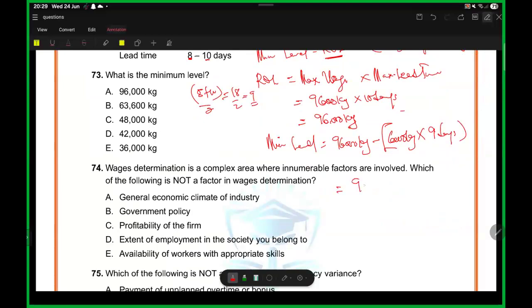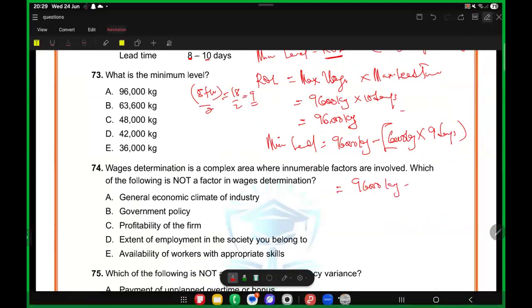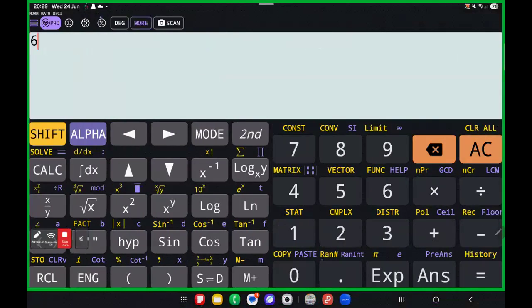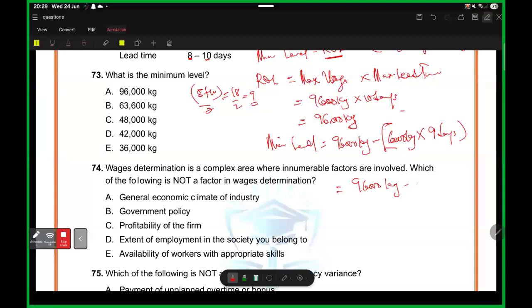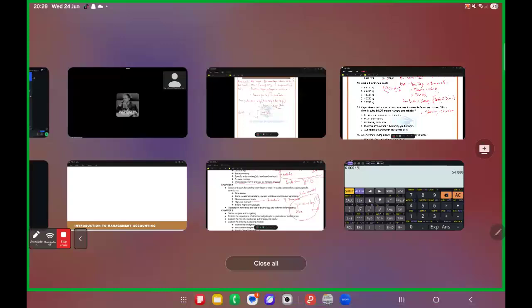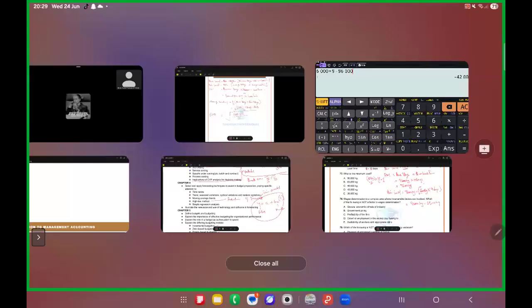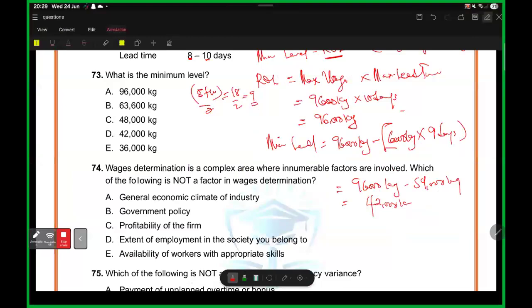So I get 96,000 kg minus 6,000 kg times 9, which is 54,000. 96 minus 54 gives us 42,000. So it means my minimum level is 42,000 kg, which is D, right?